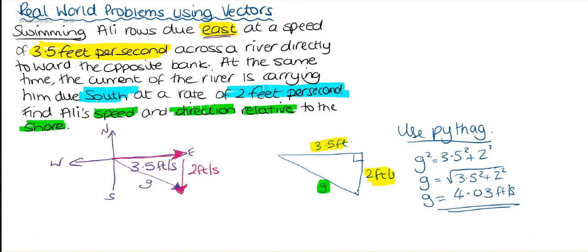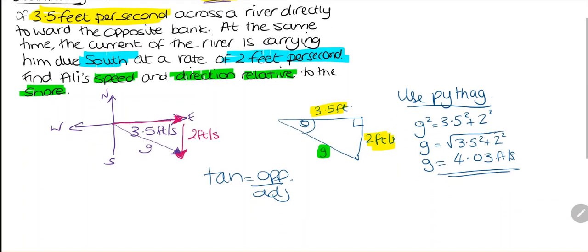Okay, so now we need to find the direction, and we're looking at this angle here, and we need to find this. So we're going to use trigonometry. So for right angle triangles, we're going to use opposite over adjacent. So we're going to use tan. So tan is opposite over adjacent.